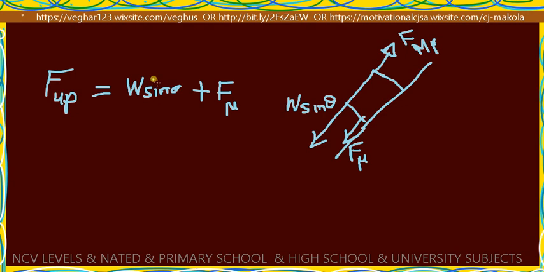Let's check the other one. If the object is moving downwards, remember the parallel weight always acts downwards. So you can put it here. And then say the object is now moving downwards.